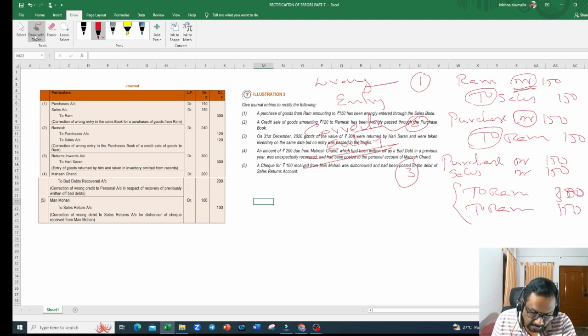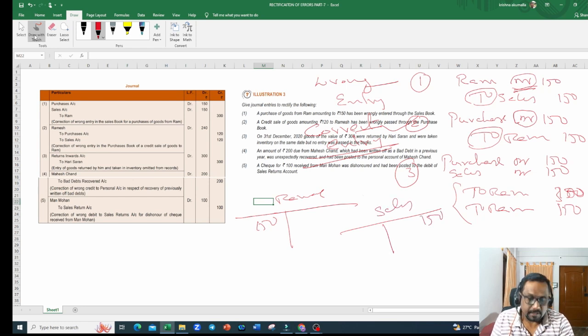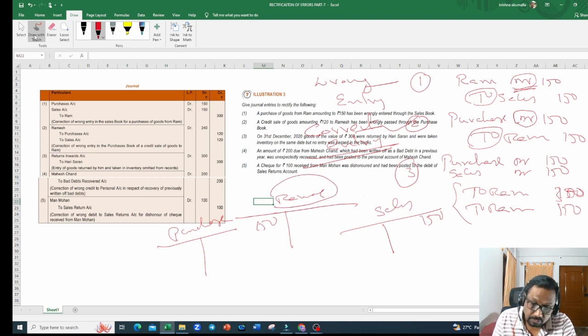Let me explain this. RAM account we have debited. Sales account we have credited. Then purchase account. These are the three accounts impacted. Now, RAM account we had to credit but we debited, so we need to rectify this.